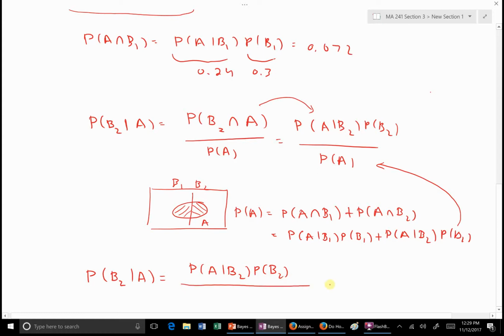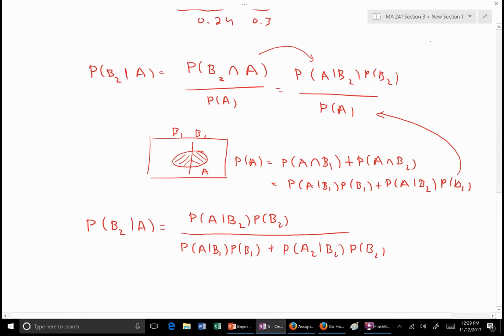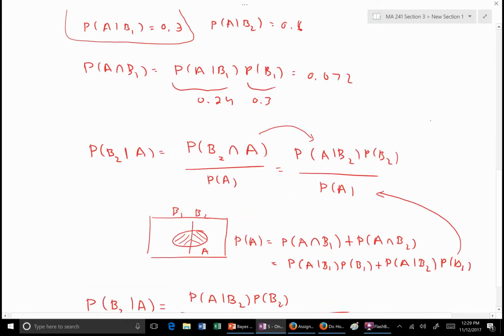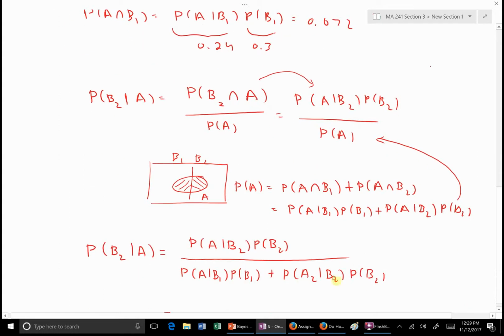And then down here, A given B1 times the probability of B1 plus the probability of A given B2 times the probability of B2. And now I can go back in and substitute these numbers, right? I know what all these numbers are. So I know that this is equal to, we said this was 0.6 times 0.76.